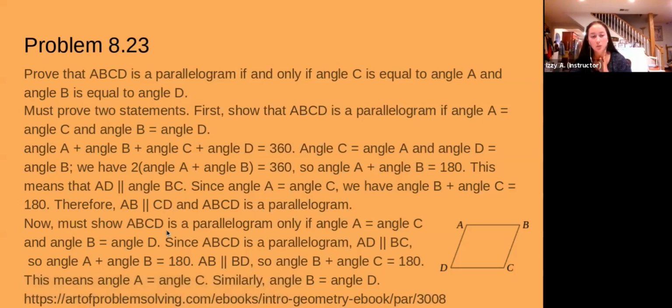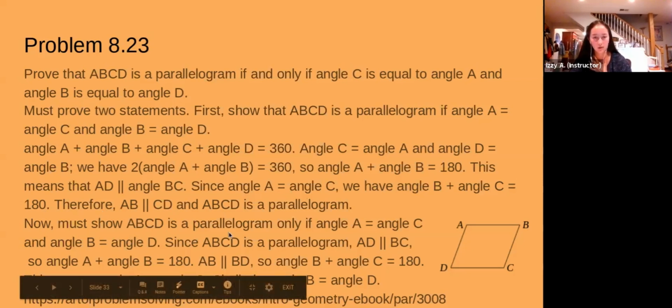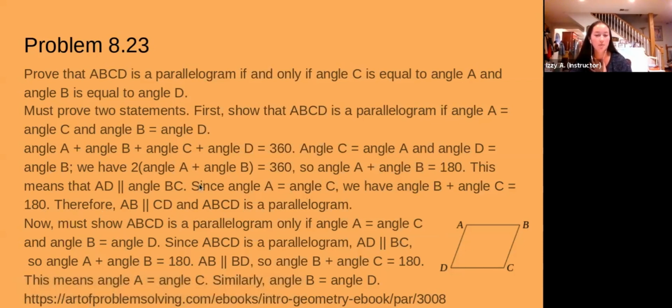Now we have to show that ABCD is a parallelogram only if angle A is equal to angle C and angle B is equal to angle D. Because ABCD is a parallelogram, AD is parallel to BC, so angle A plus angle B is 180 degrees. AB is parallel to CD, so angle B plus angle C is 180.